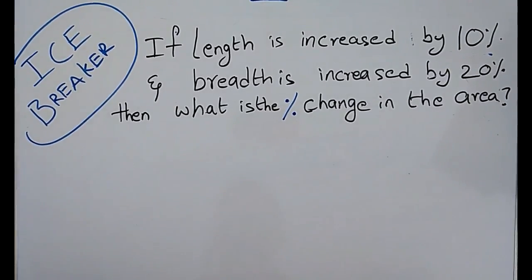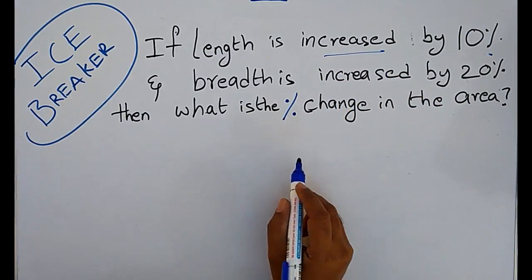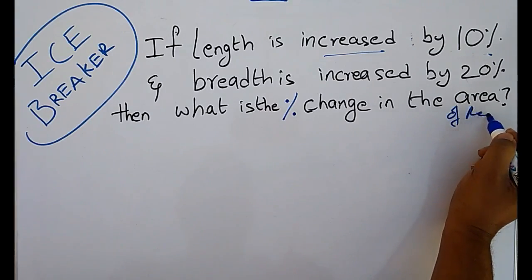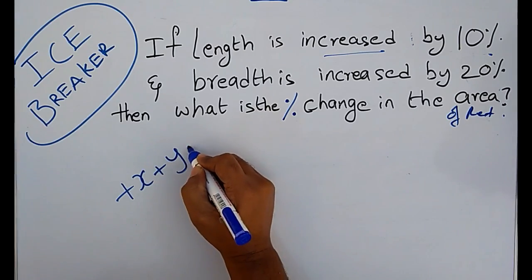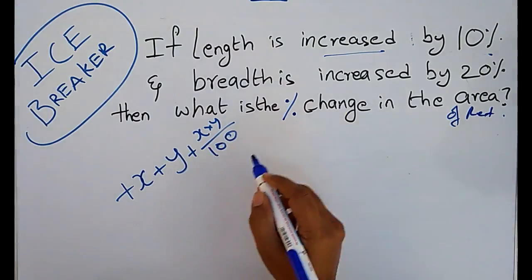Let us see some examples in the icebreaker problem. If length is increased by 10% and breadth is increased by 20%, what is the percentage change in the area of rectangle? Area of rectangle, we know the formula, plus x plus y plus x into y by 100 if it is increasing.